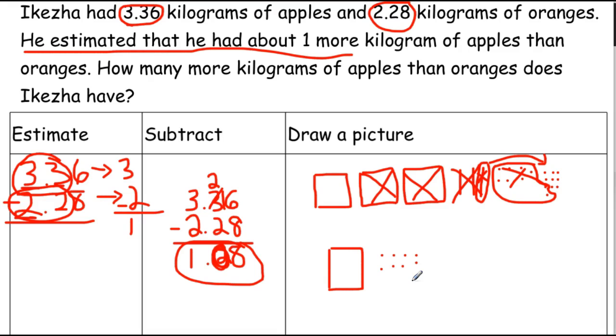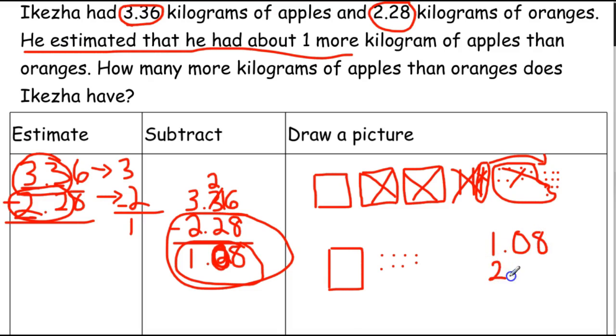Another thing that you can do to check your answer, and I'm just going to add this real quick, is you can use inverse operations, which means use addition, because the inverse of subtraction is addition. I can check it by adding together the difference with the number I'm subtracting. So I could add together 1 and 8 hundredths.